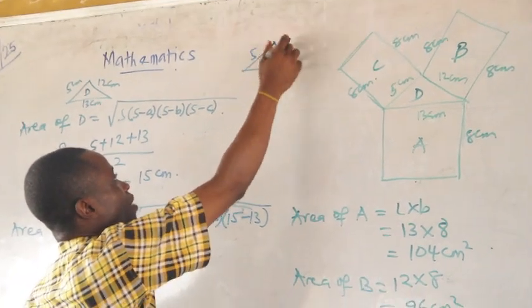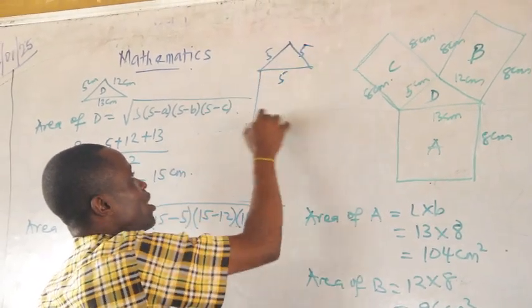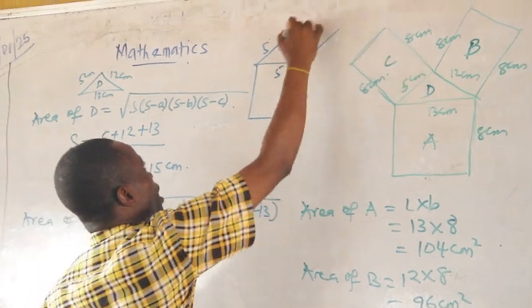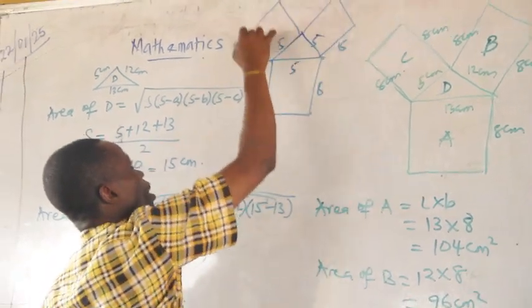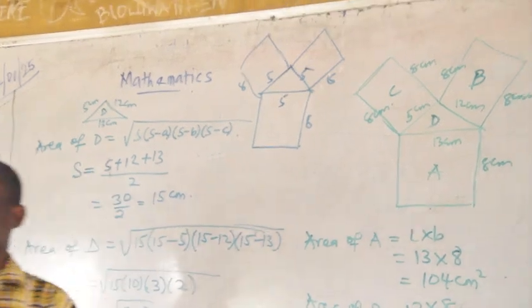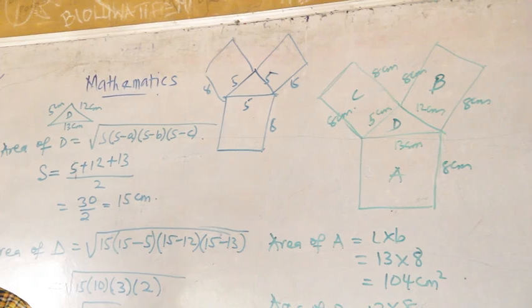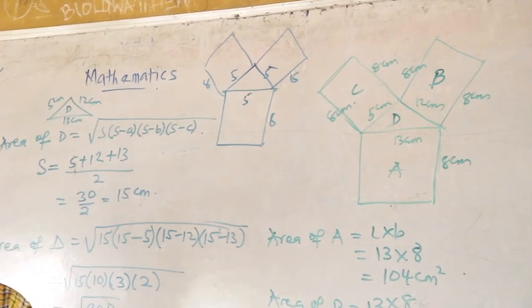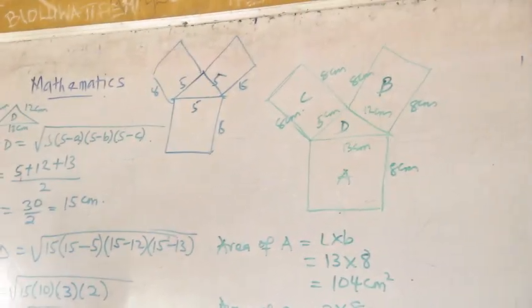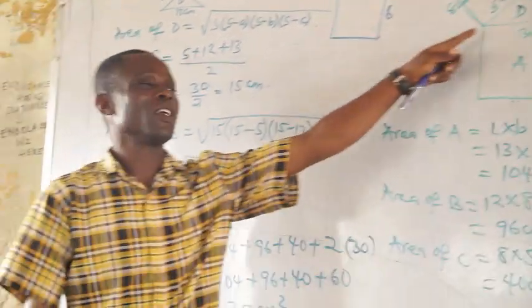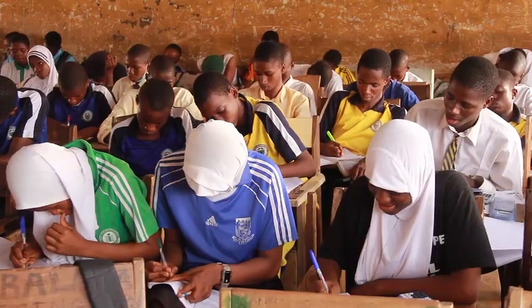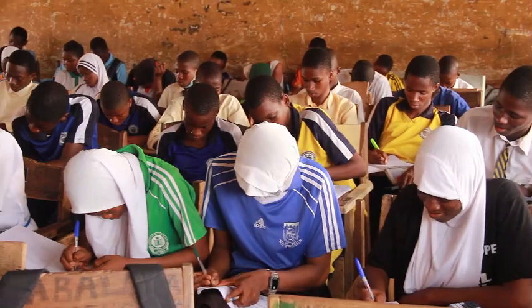The length is 5, 5, 5. Then we have this as 8, this one 8, this one 8. So it is only one area of rectangle that I need, times 3, because the base is an equilateral triangle. But when you have a scalene type, you need to find the 3 areas of rectangle.